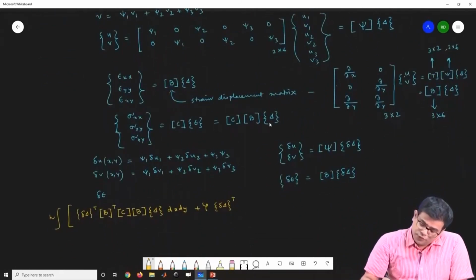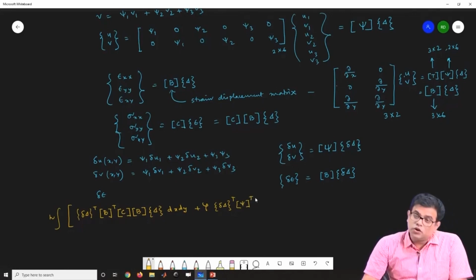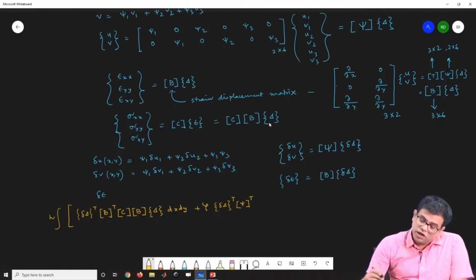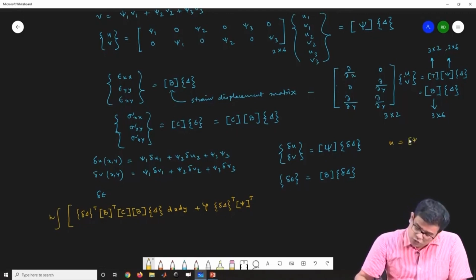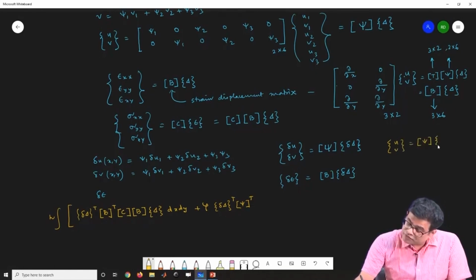So psi transpose, that is your psi matrix transposed. Now this is multiplied by u double dot, v double dot. Now u is a function of u1, u2, so u and v is essentially the psi matrix into delta.